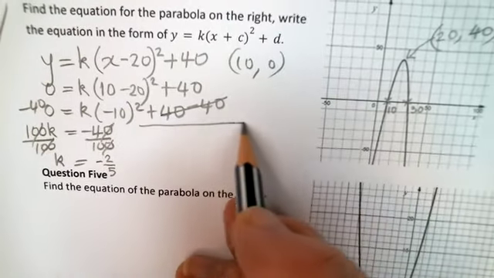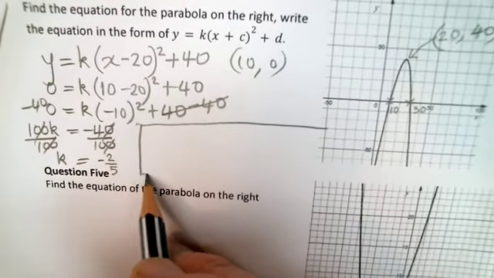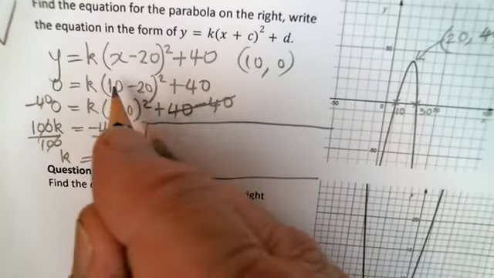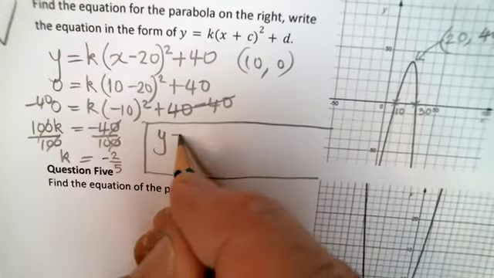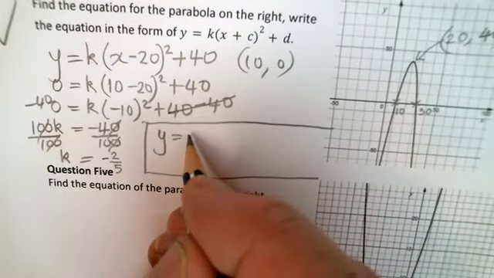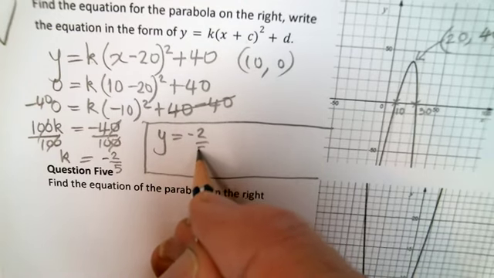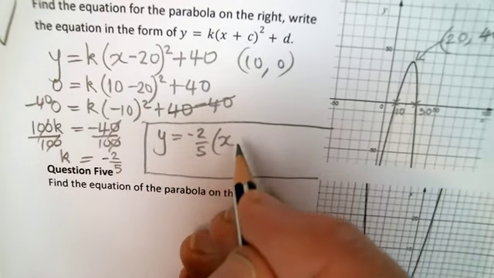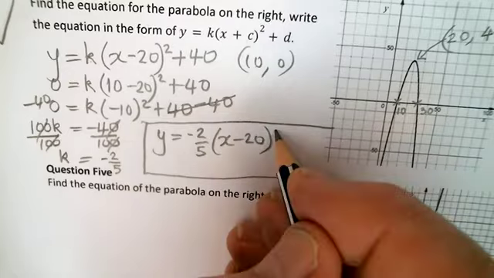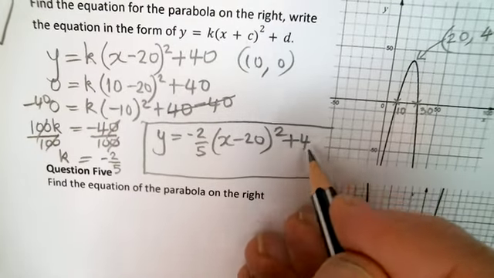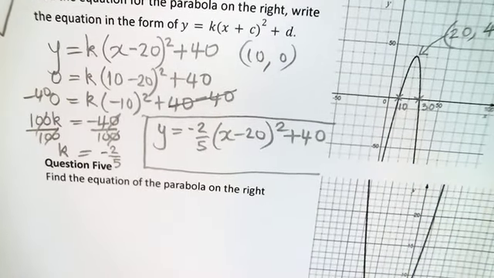There it is. Now we can write our equation. Here's the equation again: y is equal to, this time with the a value of negative 2/5 put in, negative 2/5 times x minus 20, all squared, plus 40. And there is the equation.